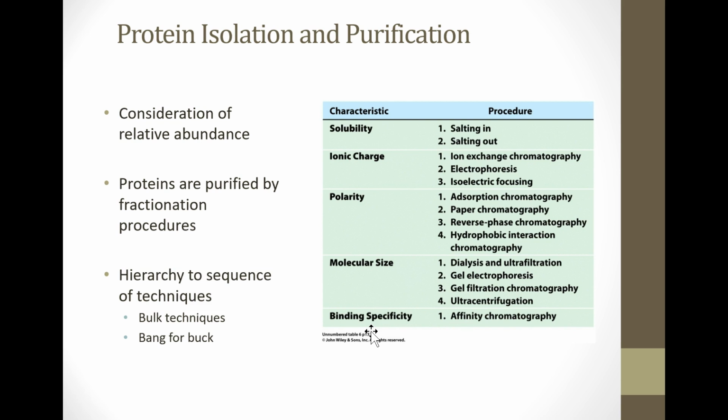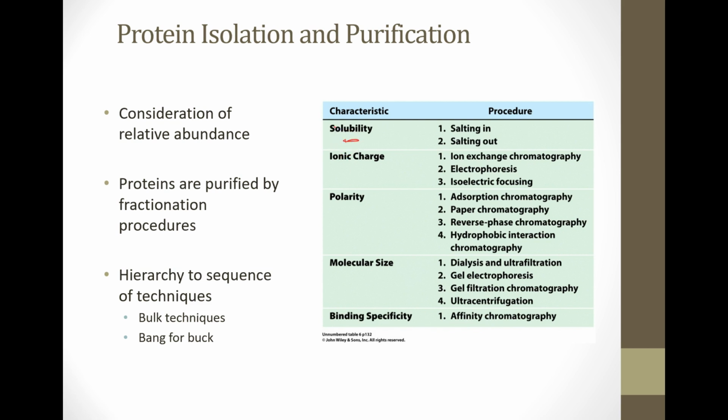Some are very specific and give you a lot of power once you've done some pre-processing, but aren't particularly effective right out the gate. So you have to also understand the context of when each technique is appropriate to use. And in terms of general categories or types of separations, there's solubility-based separations.